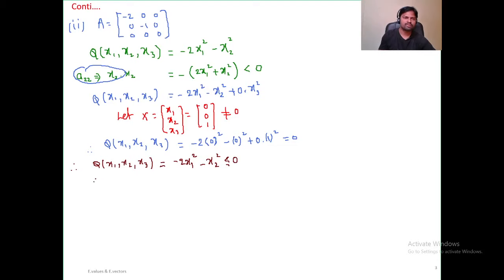Therefore the quadratic form is negative semi-definite.